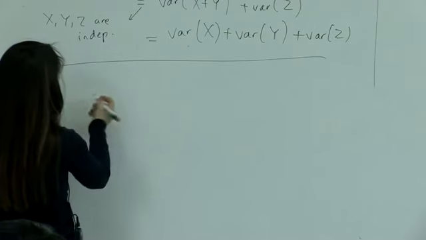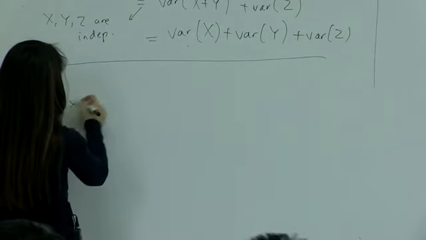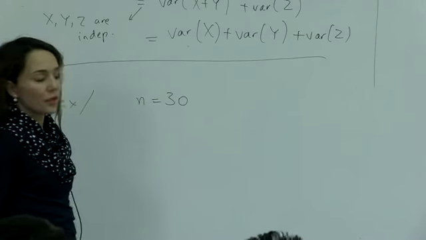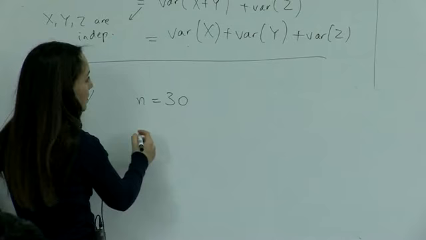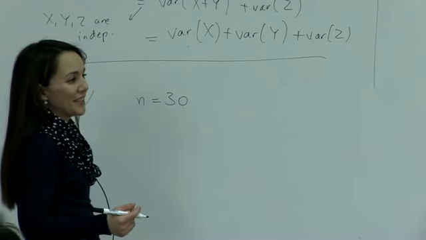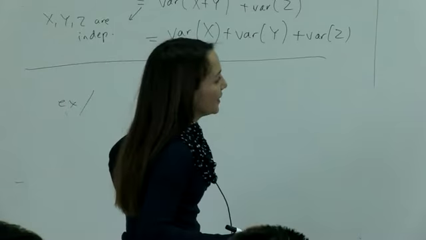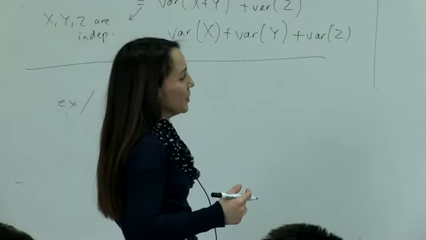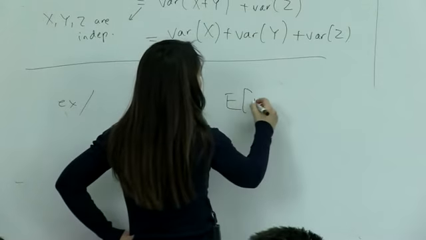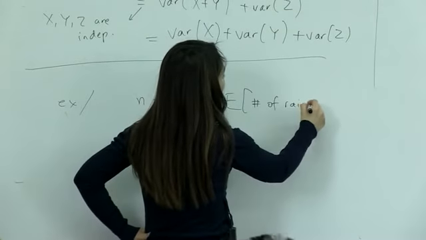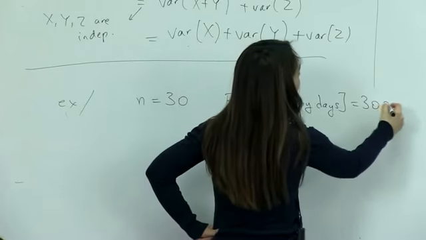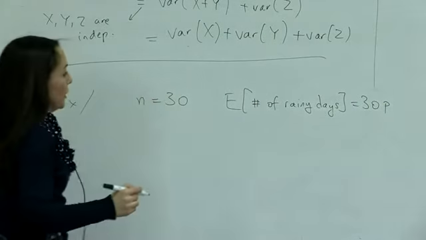So basically, in the example, N is 30 because there are 30 days in April. Okay. So the variance. Wait. You told me the expectation. But the question is asking for the variance. Anyway, so the expected number of rainy days is 30p. You're right.